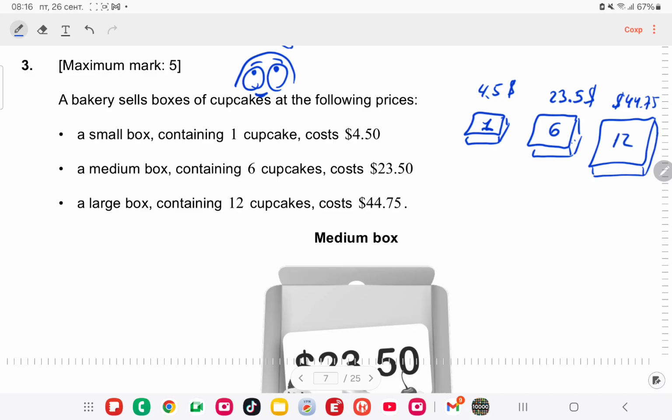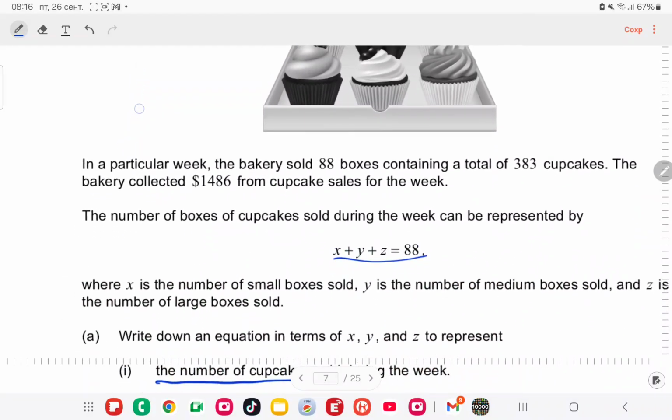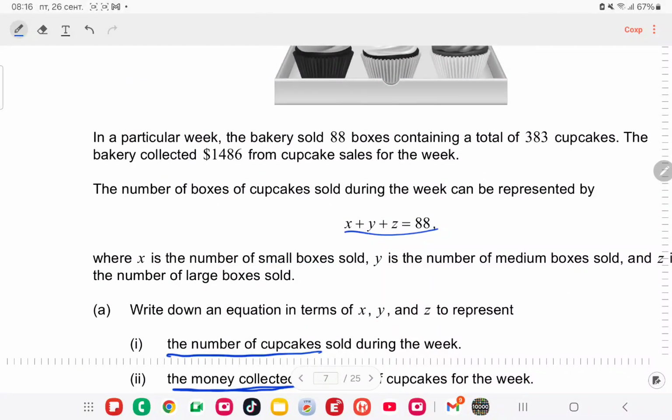So actually, you see, x is the number of small boxes, y is the number of medium boxes, and so on.